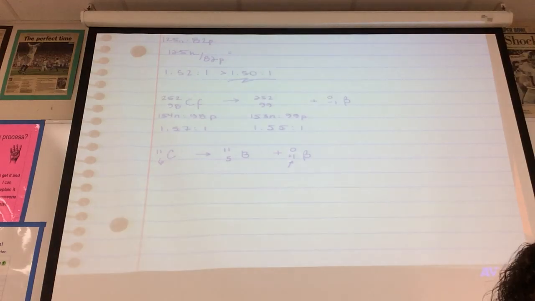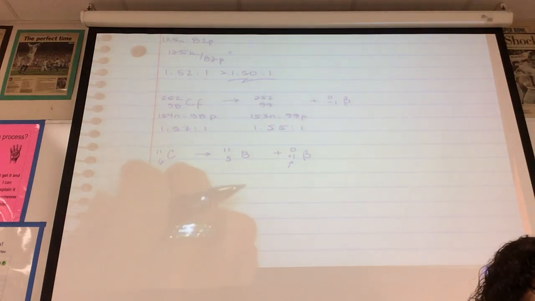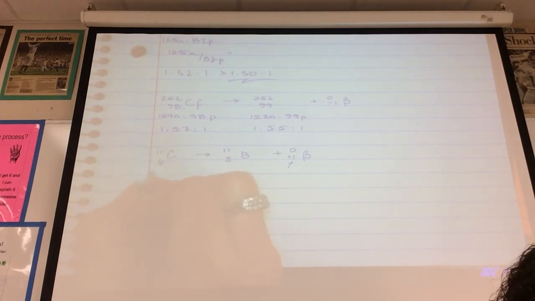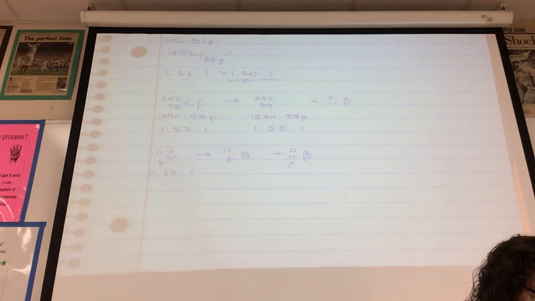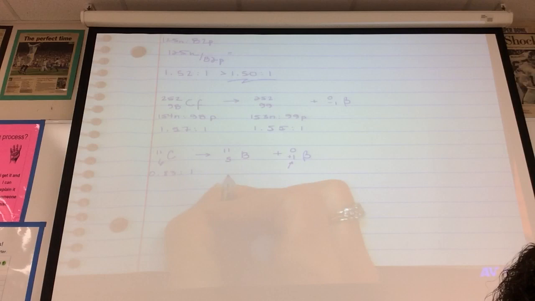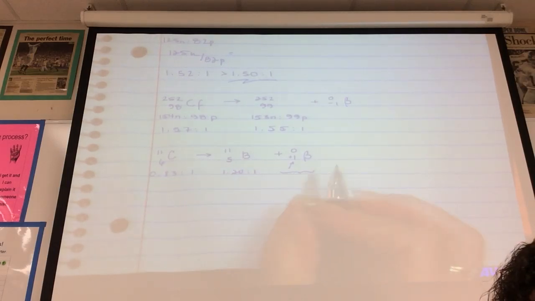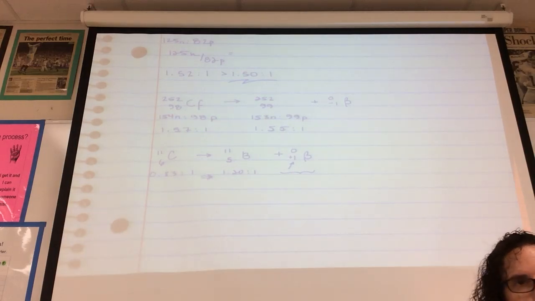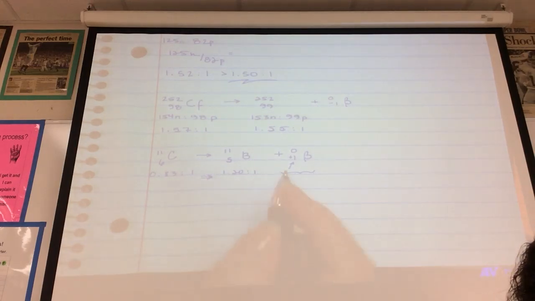And what happens here is your neutron to proton ratio, 5 divided by 6, was 0.83 to 1. And here it's going to be 1.20 to 1. So positron emission has the effect of increasing the neutron to proton ratio. You don't have to memorize that.